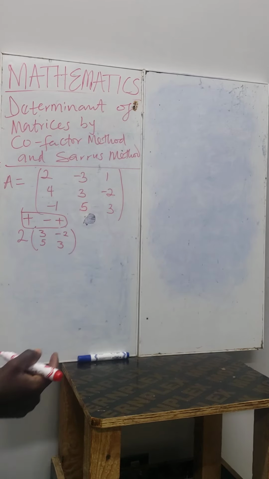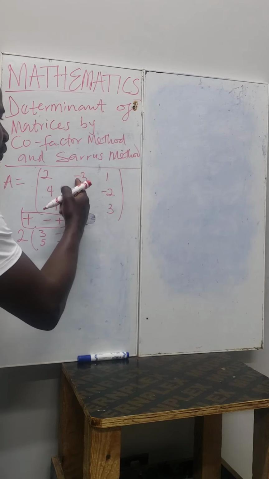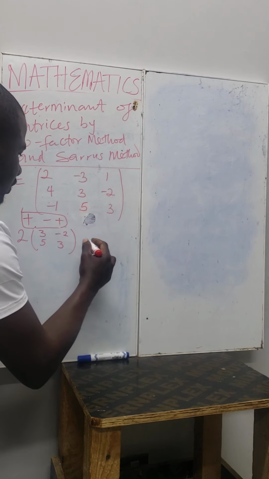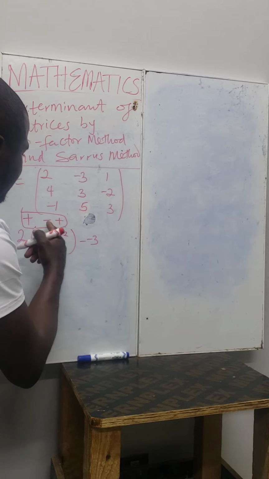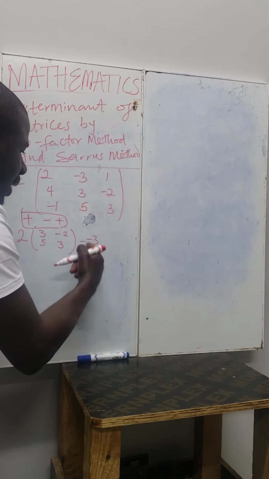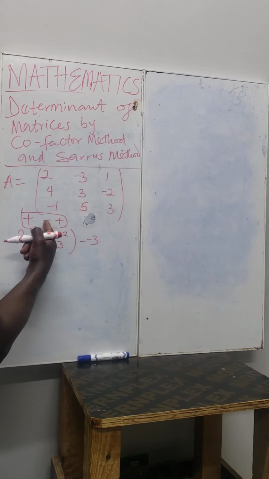We come to minus 3 and pick minus 3. Don't forget, this minus is going to have effect on this minus 3. Minus multiplied by another minus becomes plus. This minus is the first one. The 3 itself is having another minus, making two minuses now. The first minus is from the method. Don't forget.